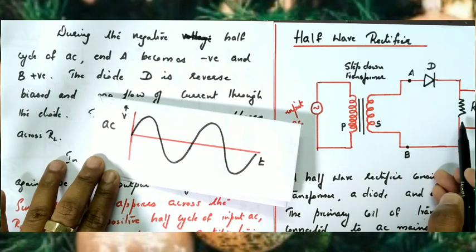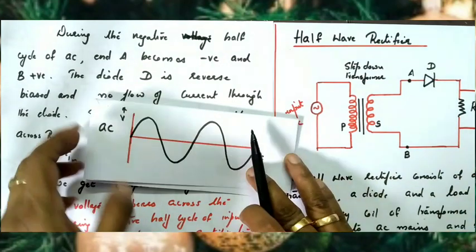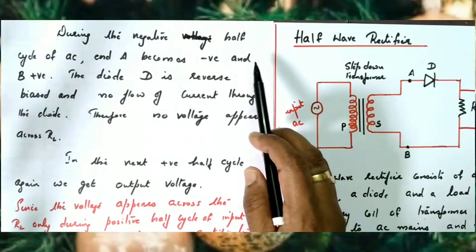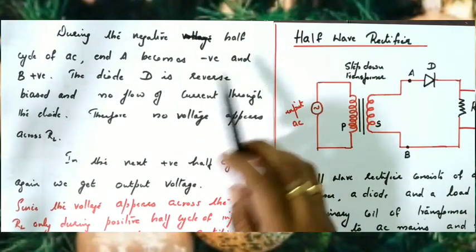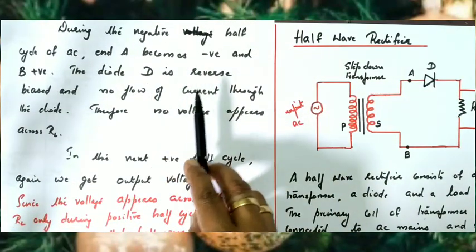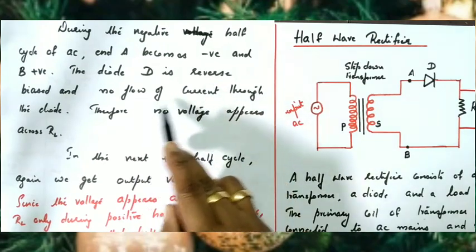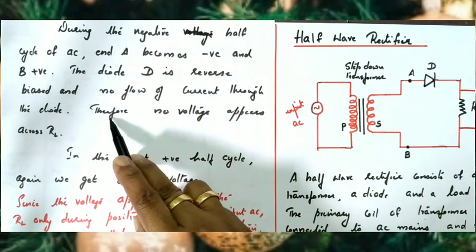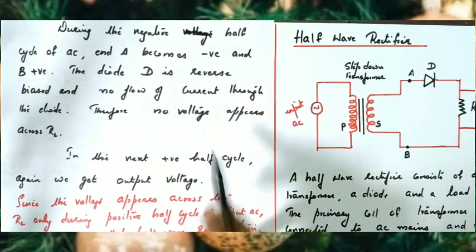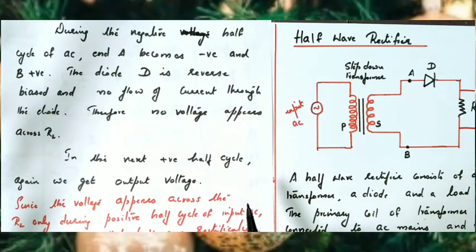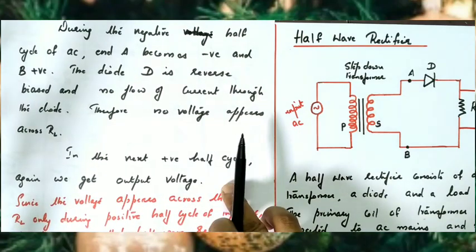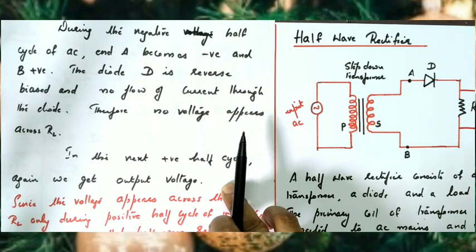And hence there is no output across the load resistance. Diode D is reverse biased and no current flows through the diode, therefore no voltage appears across the load resistance. In the next positive half, again we will get the output and the process continues.